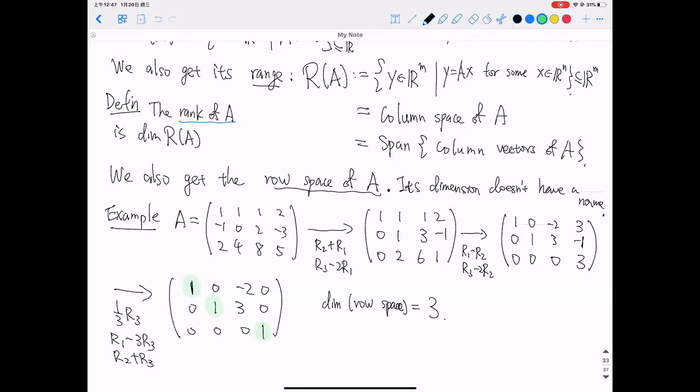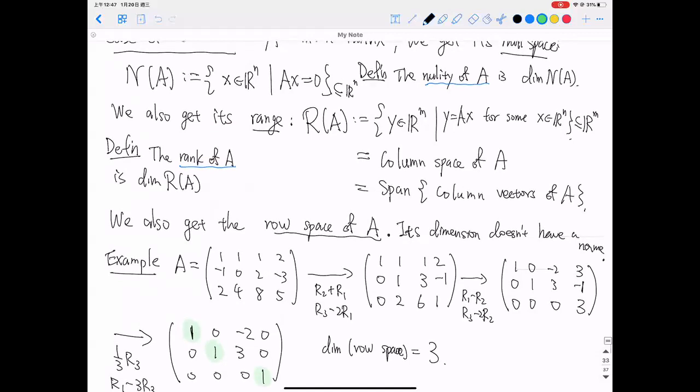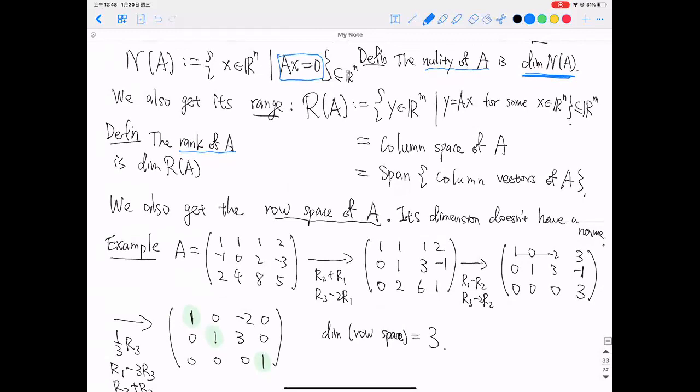Now what about range? What about nullity? Again, by definition, nullity should be the dimension of the null space or the kernel, right? So to find the kernel, we need to solve the homogeneous system AX equals 0, right? But the process of solving that system is to do row operations on the augmented matrix.